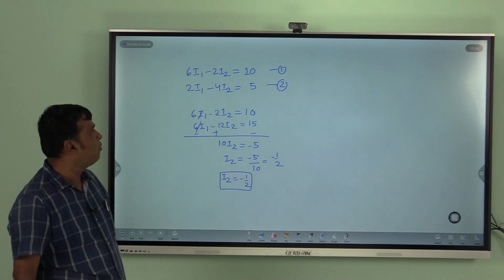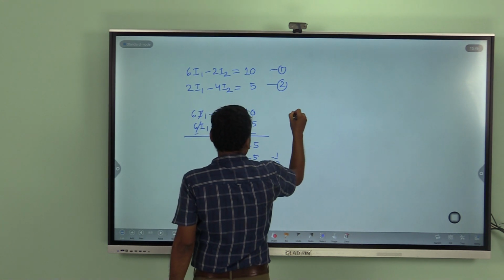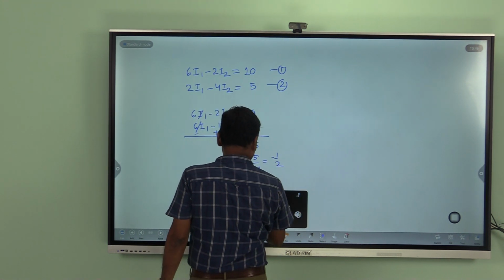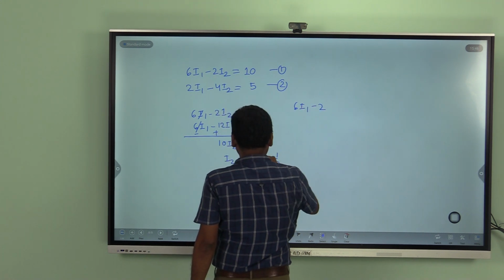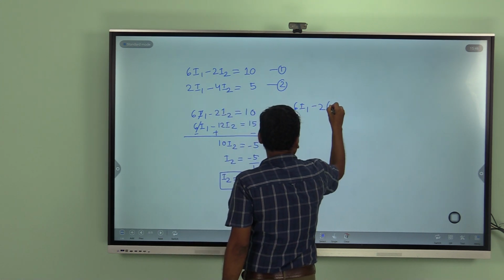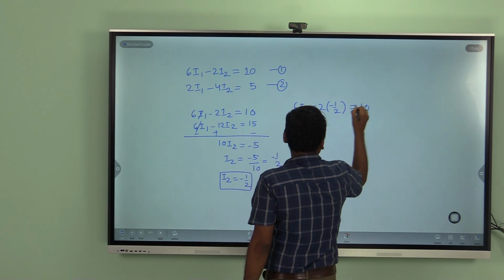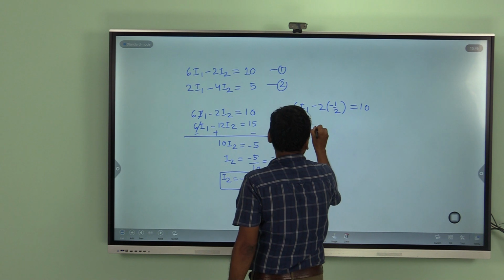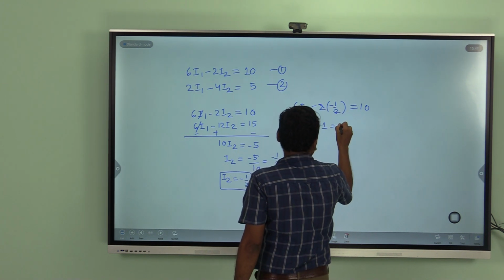Substituting the value of I2 in any one of the equations, that is 6 I1 minus 2 I2, 2 into minus 1 by 2, equal to 10. 6 I1 plus 1 equal to 10.